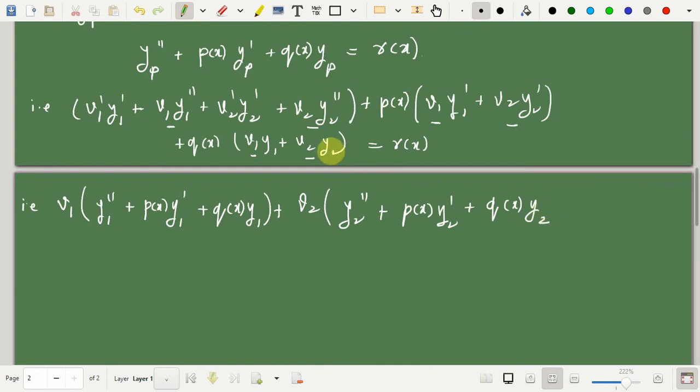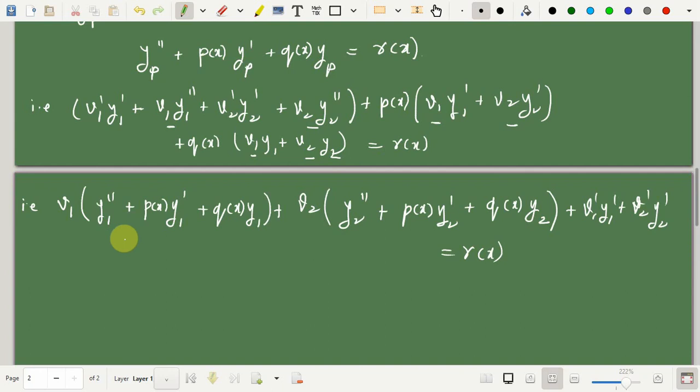And don't forget to take the remaining terms. The only two terms remaining over here are plus v1 prime y1 prime plus v2 prime y2 prime is equal to r of x. So that is the whole equation that we are getting.